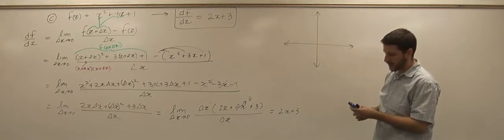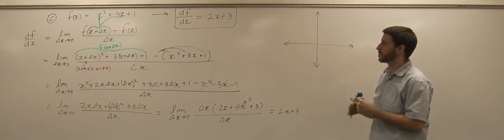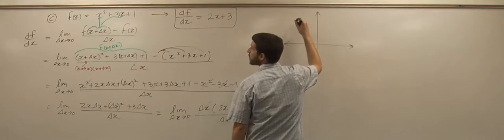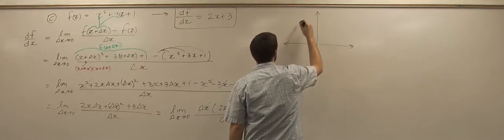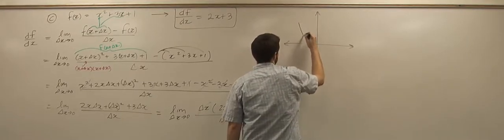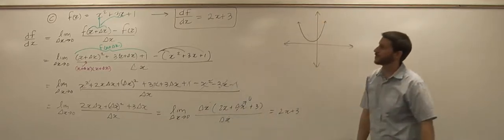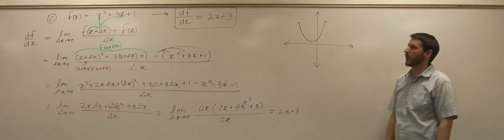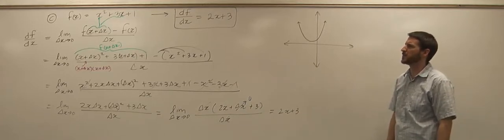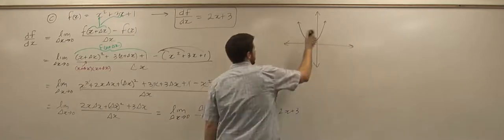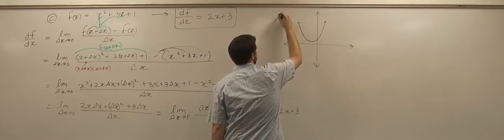So this guy's a parabola, and it looks something like one opening upward. I don't know what b squared minus 4ac is. It might actually hit the x-axis, but it doesn't really matter. This is your function.